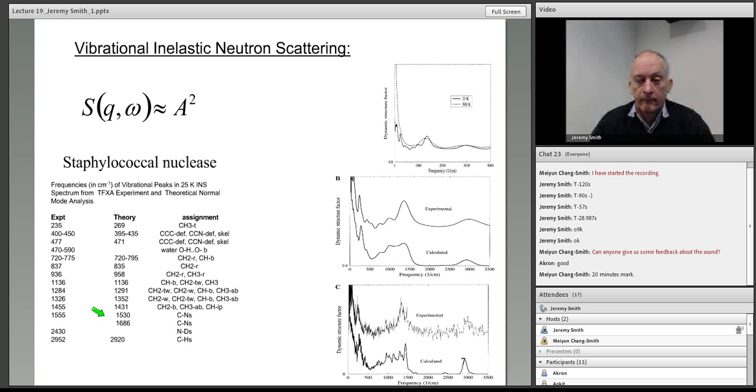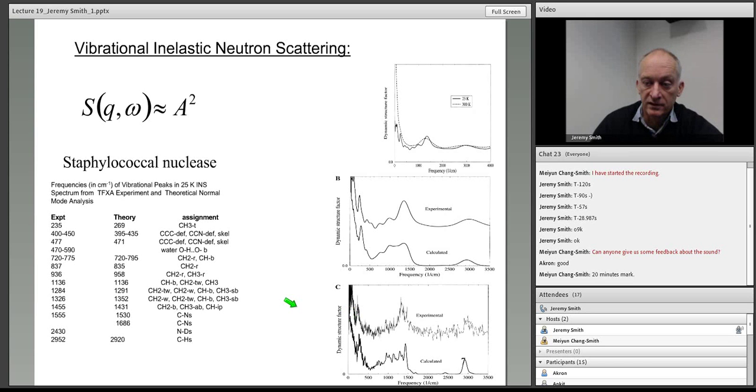And so here's an example for a protein molecule called staphylococcal nuclease of vibrational inelastic neutron scattering, experimental peaks and calculated peaks. So you see there's this big one here in the experiment, and some other ones, and this other big one here. Now this is incoherent neutron scattering, so it's mostly hydrogens that are doing the scattering, and these peaks, this one here for example, is a specific type of vibration, and that's a methyl vibration.